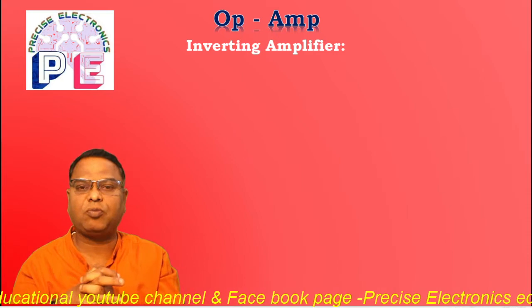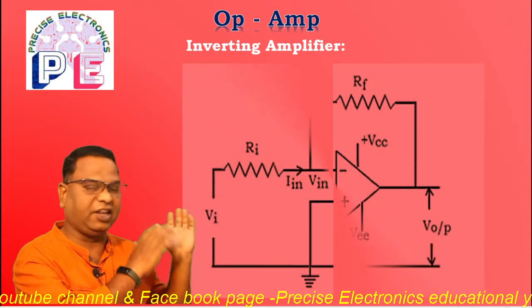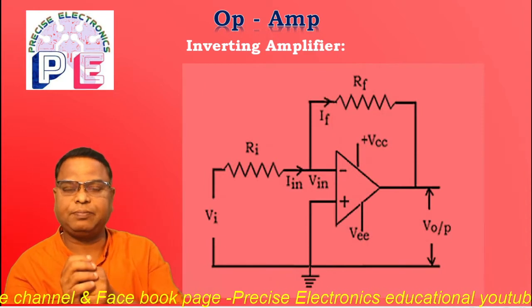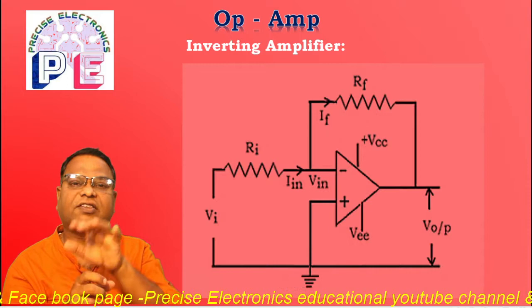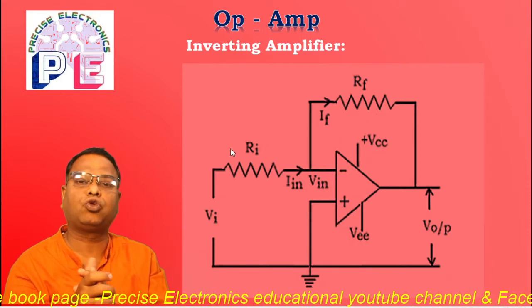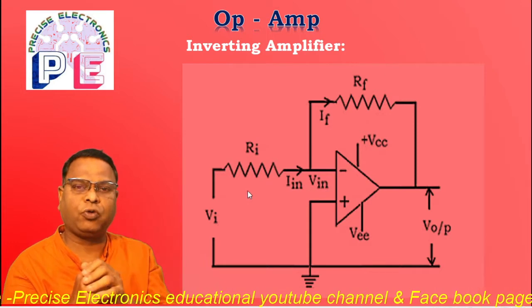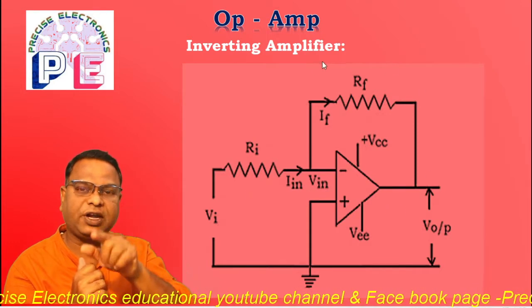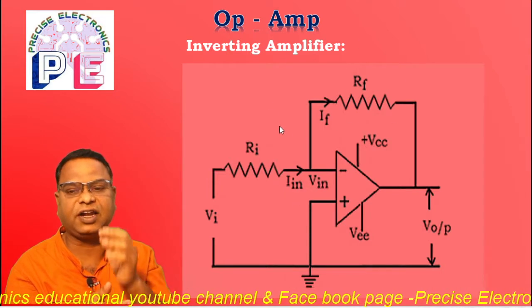The circuit diagram of inverting amplifier is now going to be displayed on your screen. In this diagram, the input signal, that is Vi, is connected to the inverting terminal through input resistor Ri. The output voltage is fed back to the inverting terminal through a resistor known as feedback resistor, that is Rf.